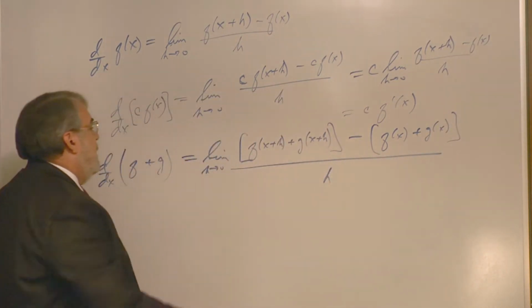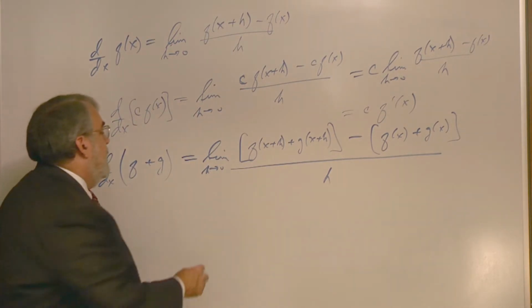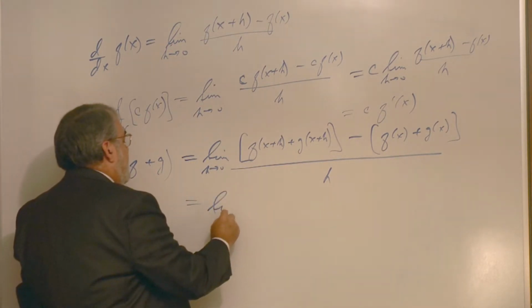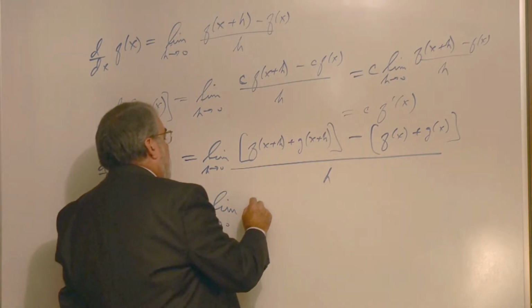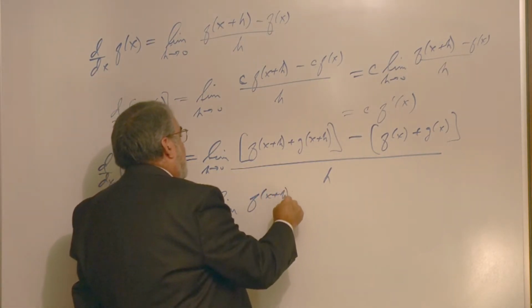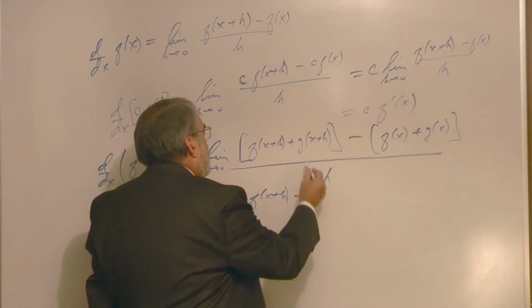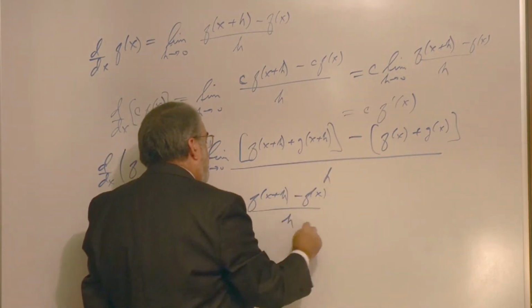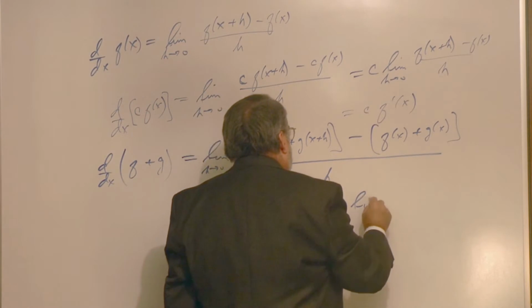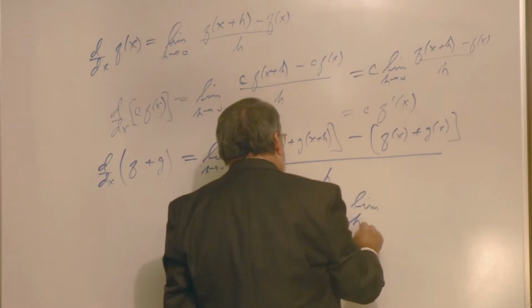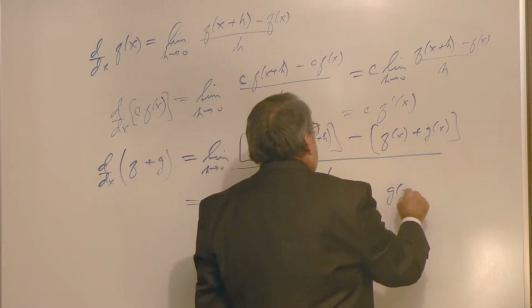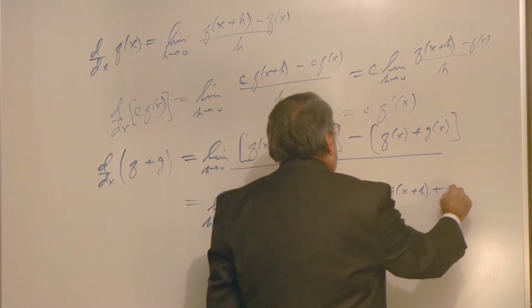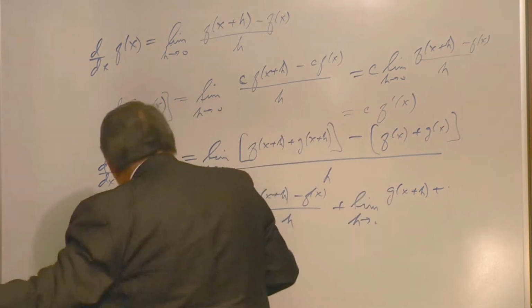So what you have here is that this can be split up into two limits. So the limit as h goes to 0, and you can see what's coming probably. I took the f's out, and then I also have a separate limit by taking the g's out, g of x plus h minus g of x.